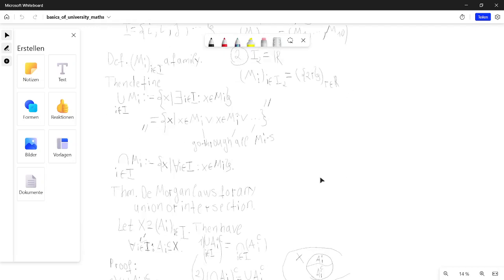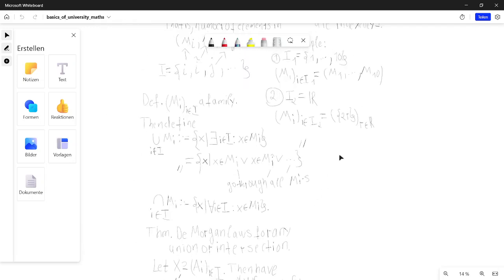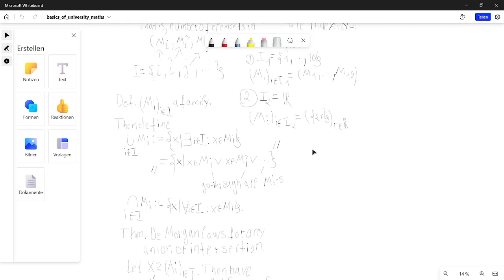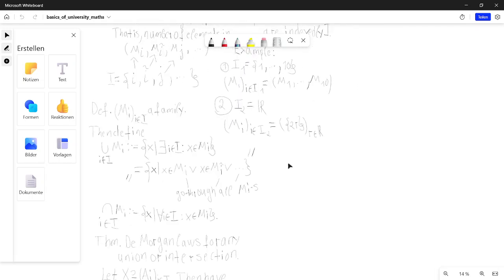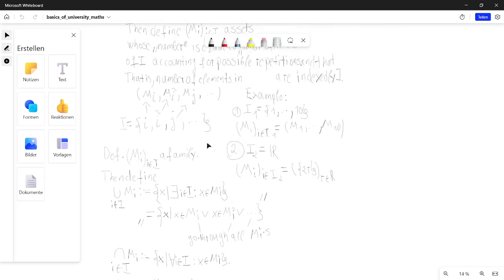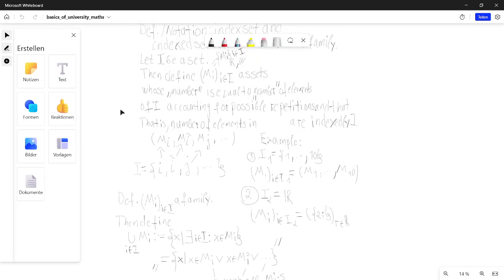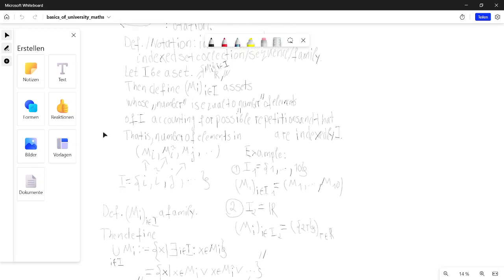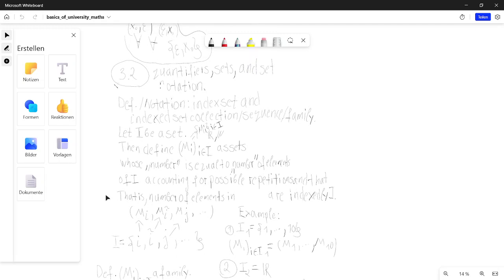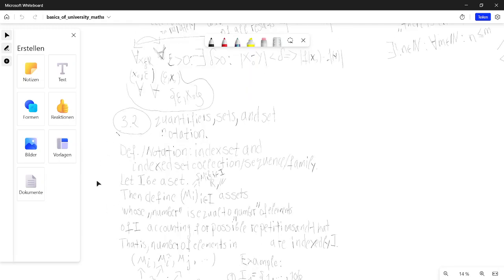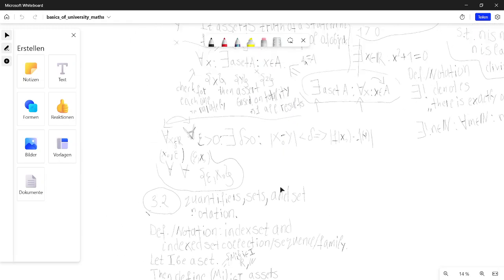But this was just an example of where we use the quantifiers in definitions and also in a proof. All in all, we have introduced the quantifiers and, after that, the index sets.